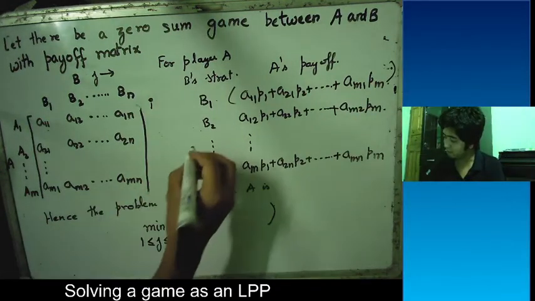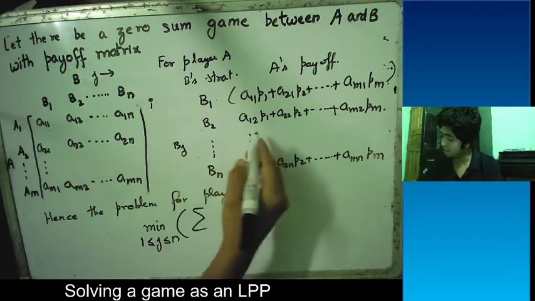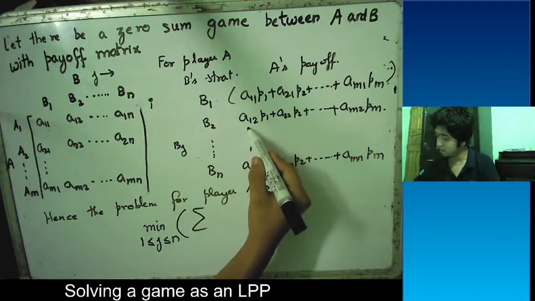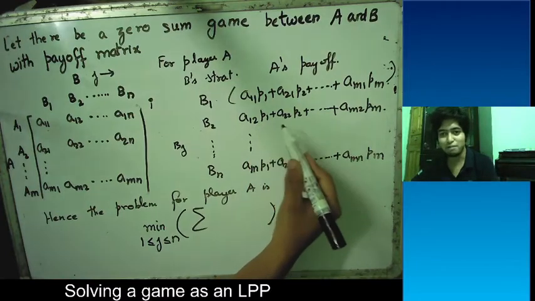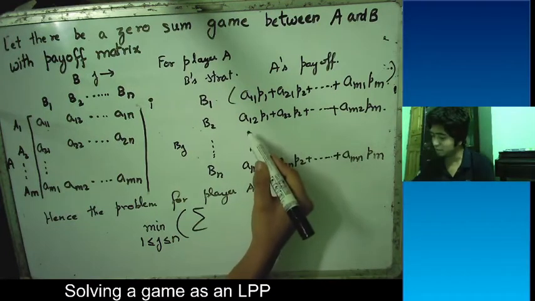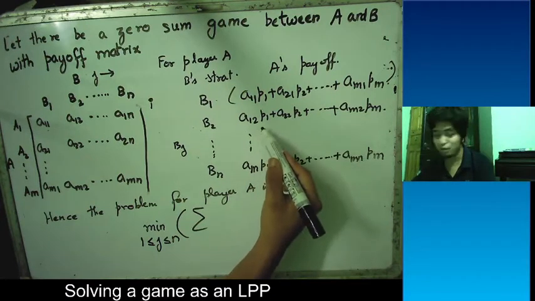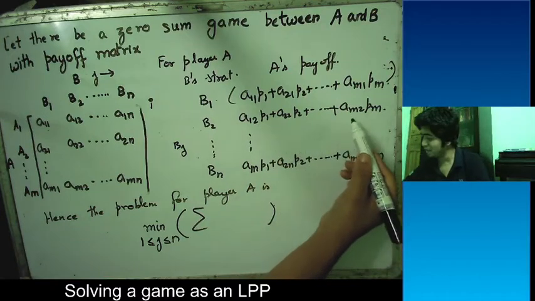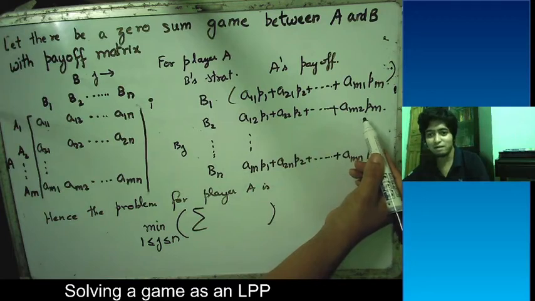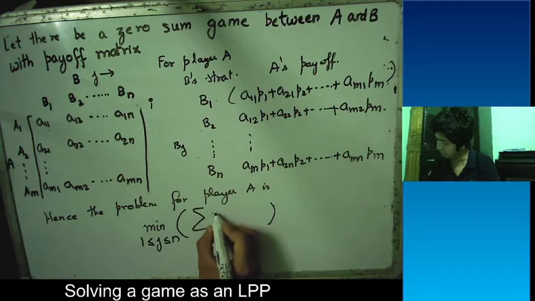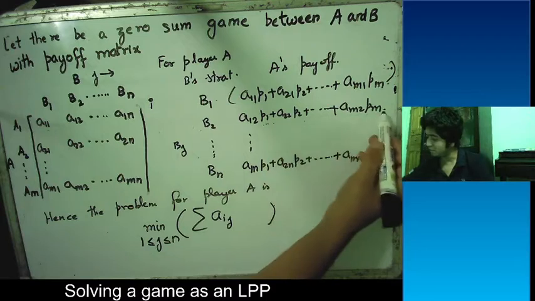For example, if it is Bj, then it will be A1j P1 plus A2j P2 plus up to Amj Pm. So over here it will be Aij, and again the summation is from 1 up to m.